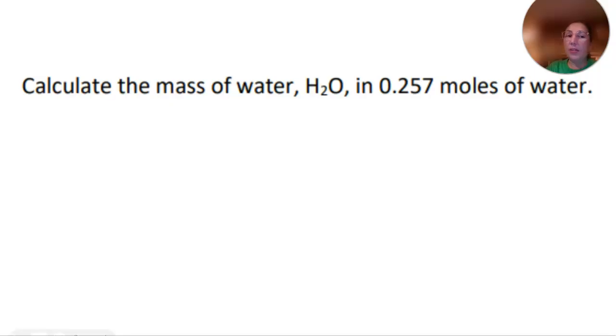Okay, this looks interesting. It says calculate the mass of water in 0.257 moles of water. So here we're given moles and we're trying to get to grams. We've got a compound here, so we need to find the molar mass for water.